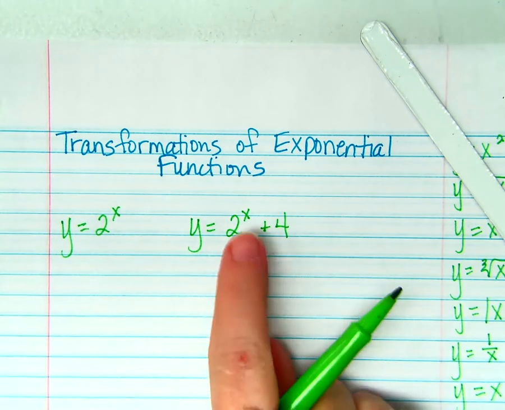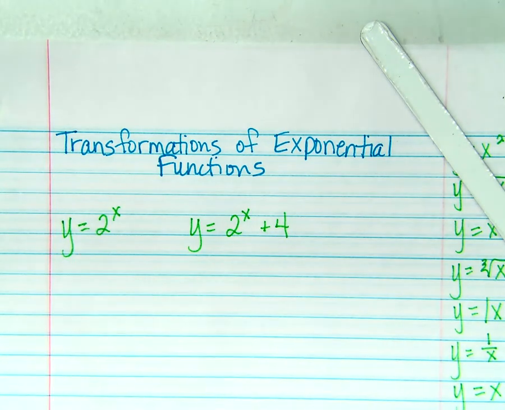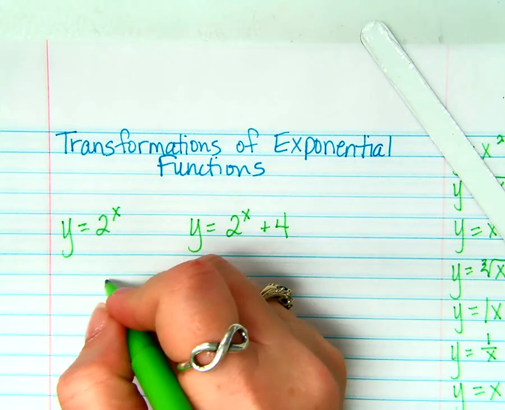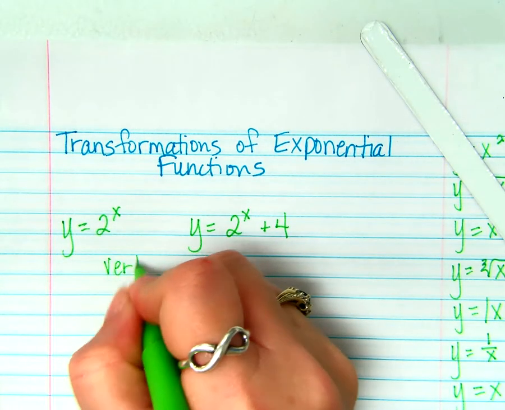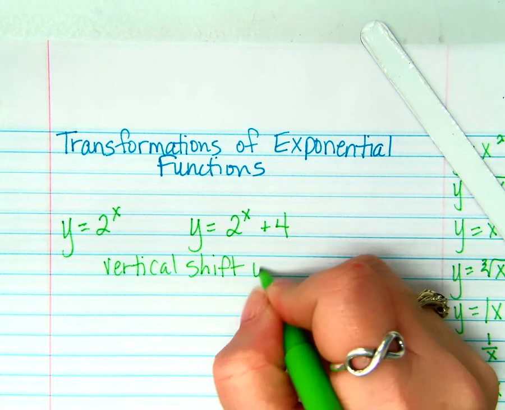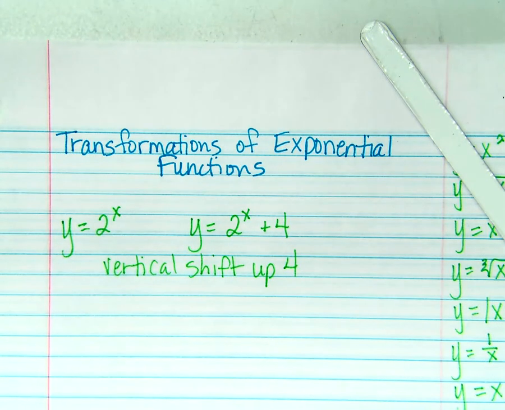So if I say, here's this function, and here's this function, can you tell me how this one is different than my original function? How do you know that? How do you know that it shifted up 4? It's adding 4, right? That's what you said.